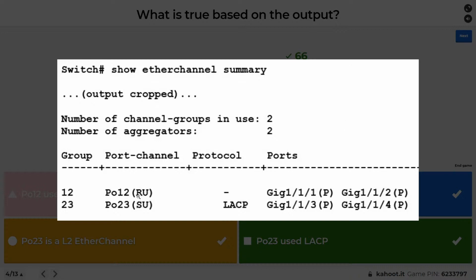So here the R is for routed, for 23, the S is for layer 2. I cropped out all that information from this image because I wanted to make it a little bit challenging. And then down for protocol, it says link aggregation control protocol here for 23, and there's a dash, which means on. We aren't using any protocol, and Port Aggregation Protocol would show up as well if we were using it.